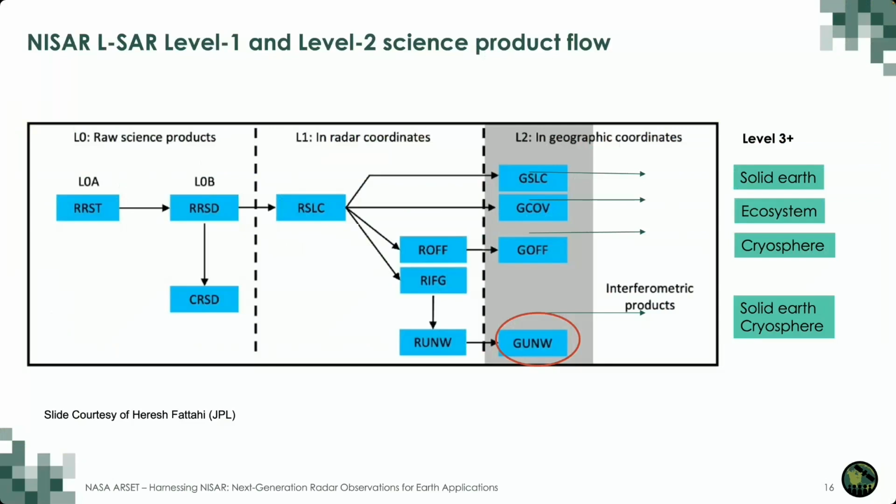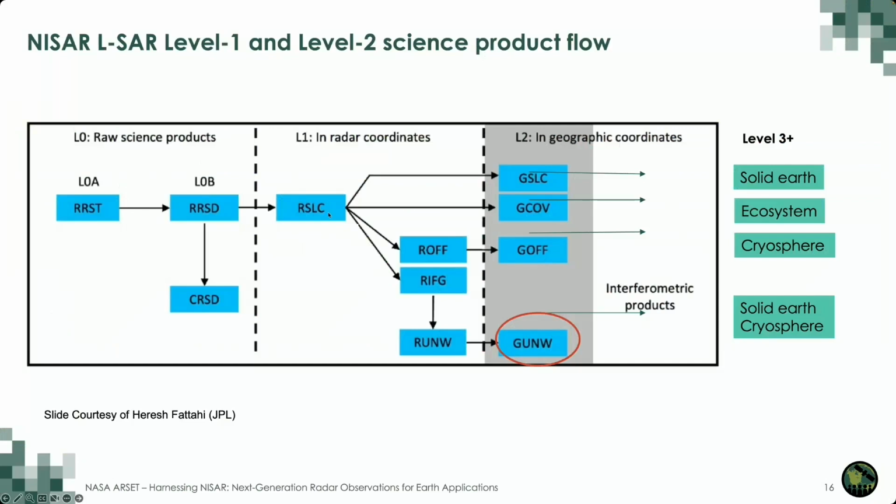And then there's these two types of interferometric products: the geocoded offsets, which are used for cryosphere, or the very large motions of ice, and the geocoded unwrapped interferograms, the GUNW, with this red circle here, which is what we're going to be talking about today. That's useful for solid Earth and the parts of the cryosphere that are not moving so fast.